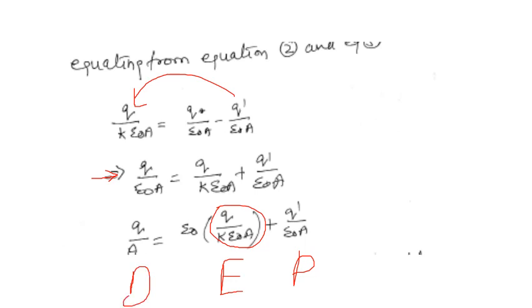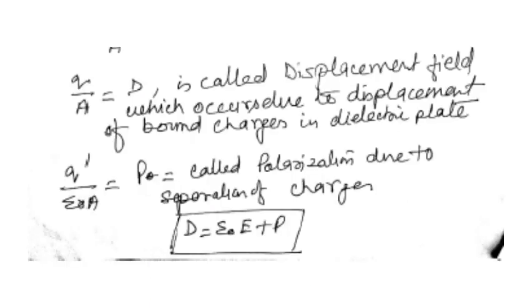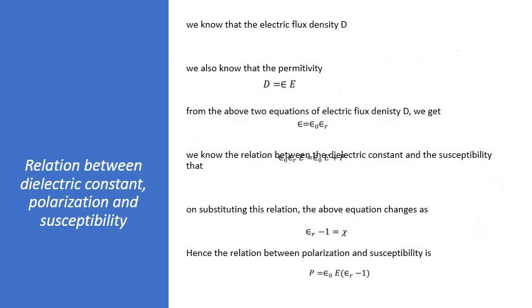We will get the relation in the next line. Q upon A is defined as displacement field D, which occurs due to displacement of bound charges. P is the polarization vector and the relation is D is equal to epsilon 0 E plus P. We can also obtain one relation using the electric displacement density.